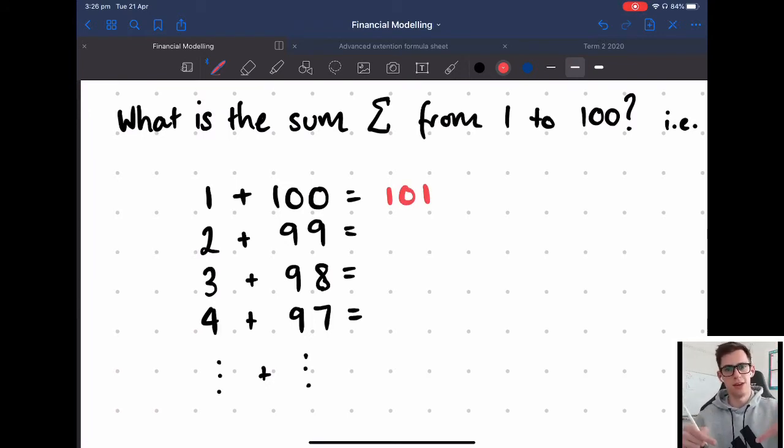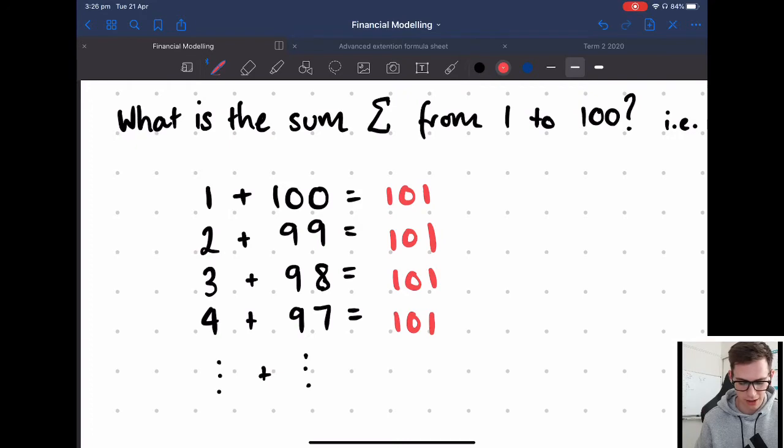If we then go in from each direction, one more up and one more down, we get 2 plus 99, which is again 101. Go in again and you get 3 and 98, 101, and so on.